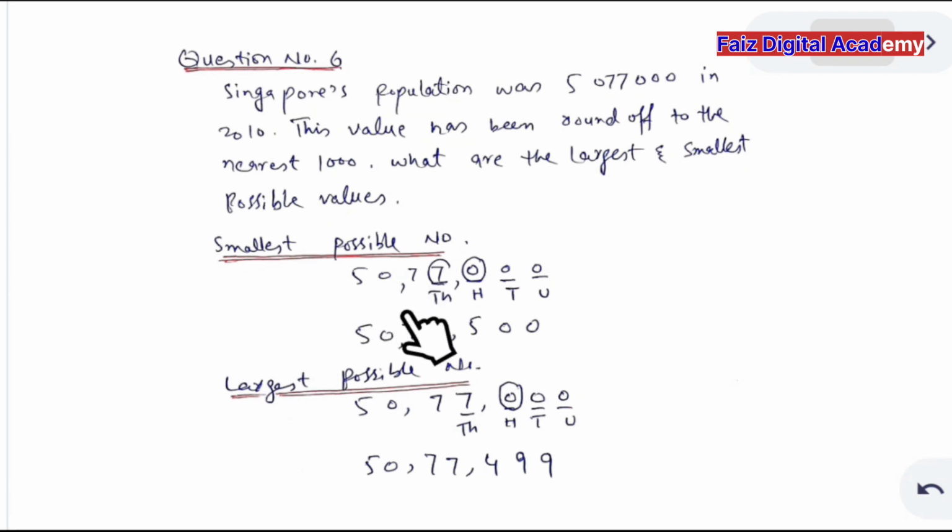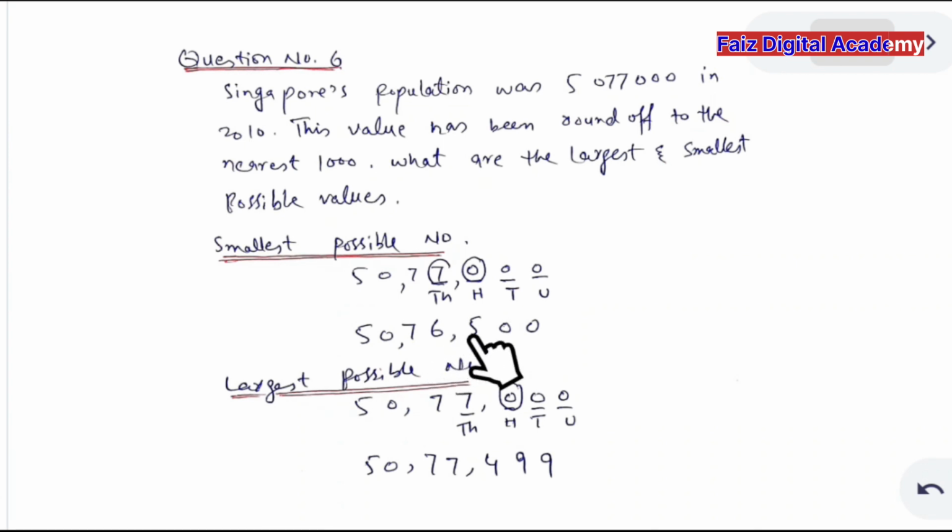In this case we have to decide first what is the number at the 1000 level. So unit, 10, 100 and 1000. So 7 is the number which is rounded off, and now to find the smallest possible number we will write this 7 as 6, and then the next number is written as 5, because if it is 6, it will become 7.